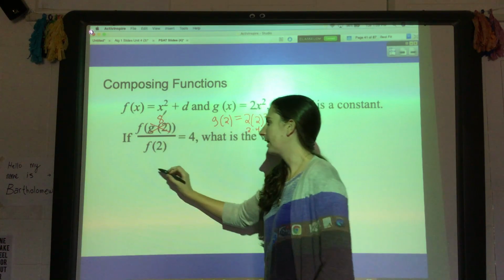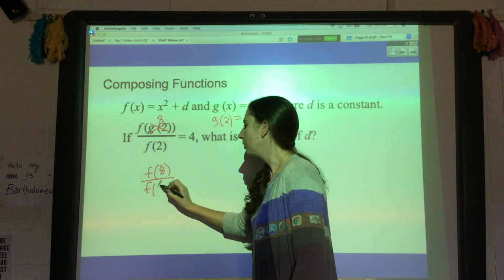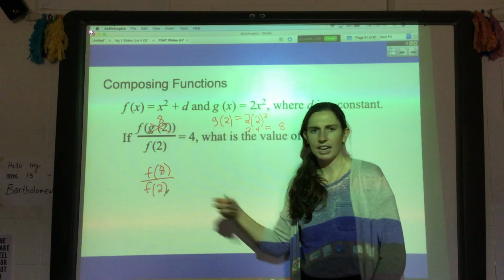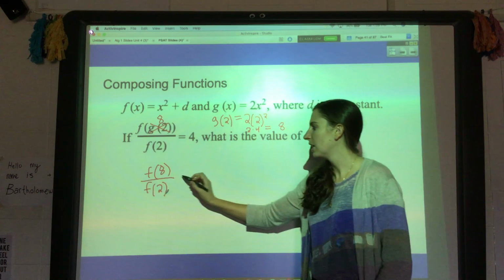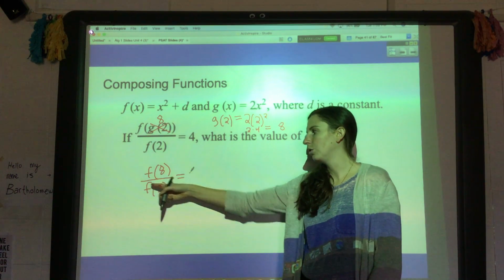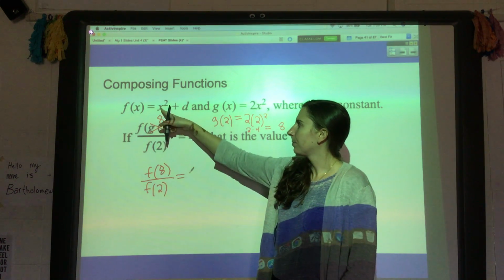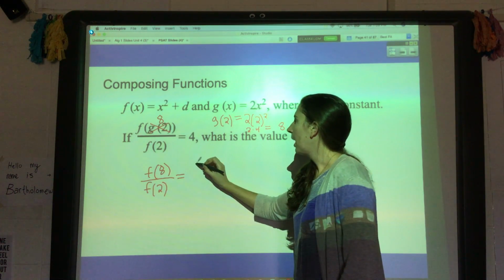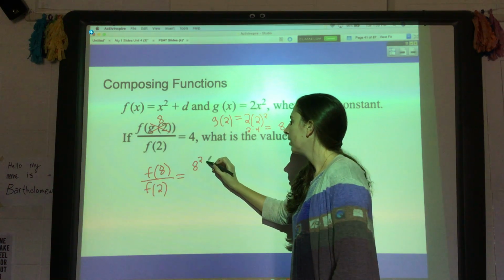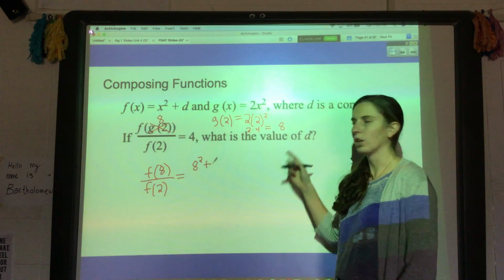So now I'm finding f of 8 over f of 2. Don't try to like divide or cancel any of that. You need to just plug in 8 to the function f and then separately plug in 2 to the function f. If I plug in 8, I get 8 squared plus d, and I don't know what d is yet. That's what I'm trying to find.